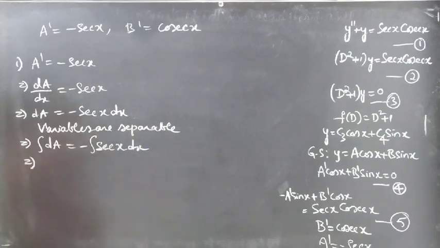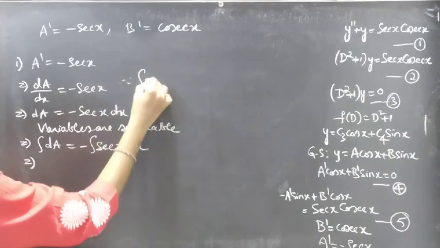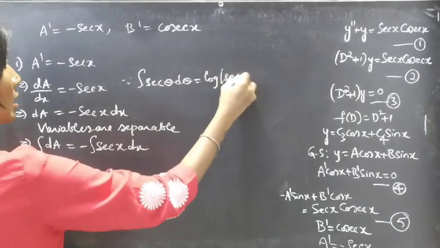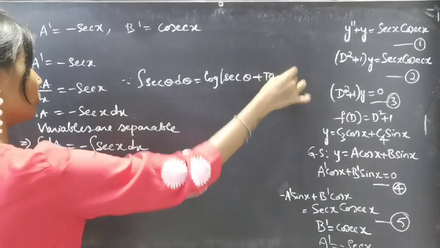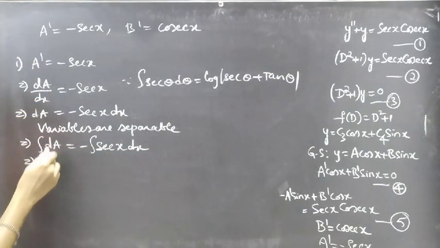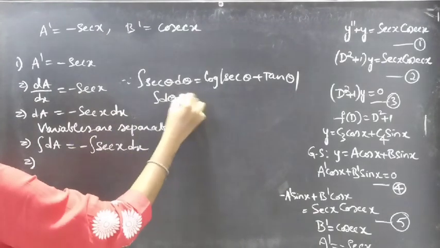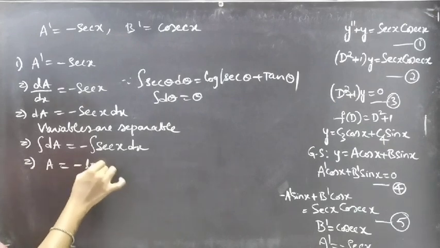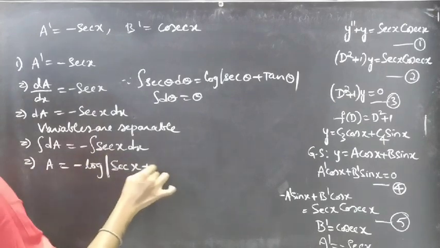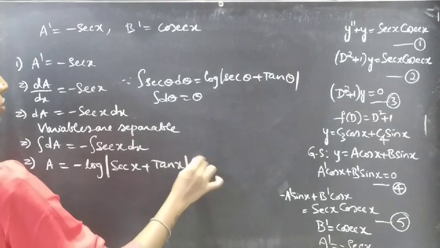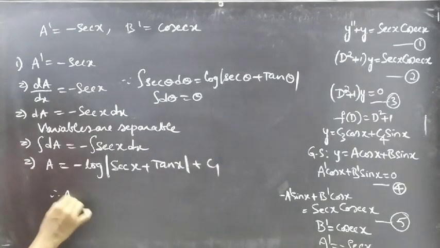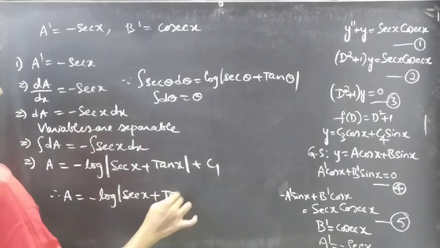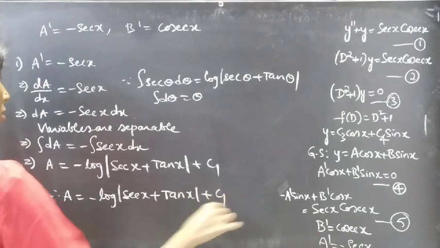This gives us, since we know that integral secant theta d theta equal to log mod secant theta plus tan theta, right? And integral d theta equals to theta, we'll get a equal to minus log mod secant x plus tan x plus some integral constant, say c1. Therefore, a equal to minus log mod secant x plus tan x plus c1.